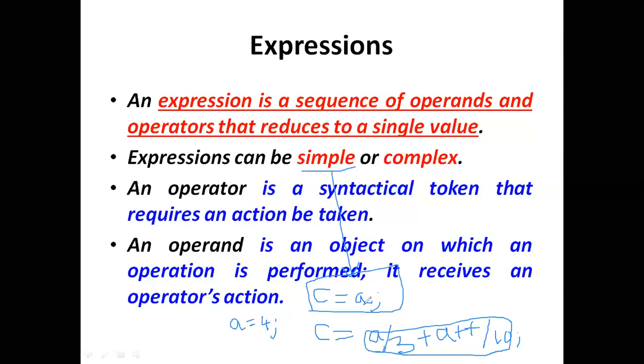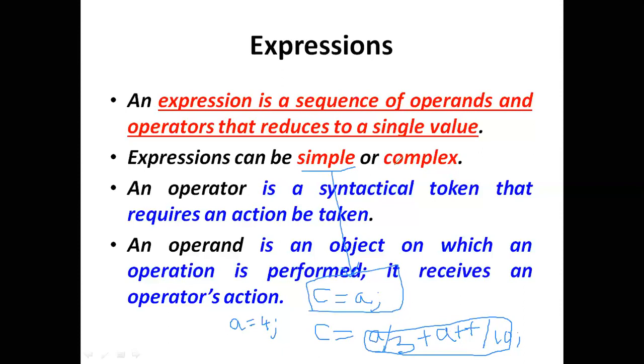In the earlier statement, we understand that 4 is going to be assigned to c. But by seeing this one, we are unable to say which statement is going to be executed first. If you know the priorities we can say, otherwise we cannot tell whether a by 3 or a plus plus is going to be evaluated first.